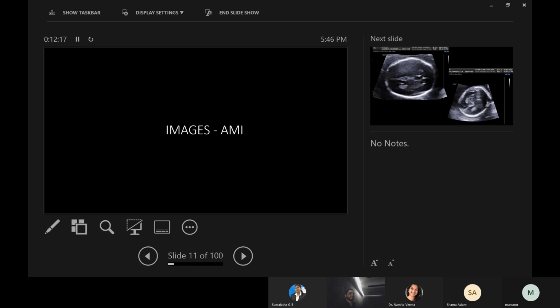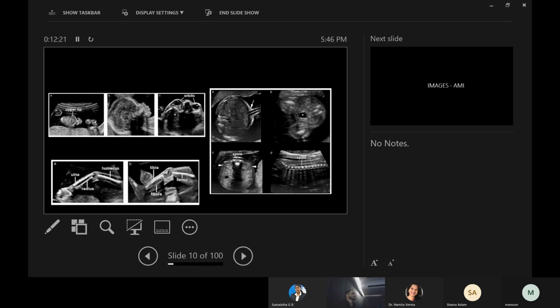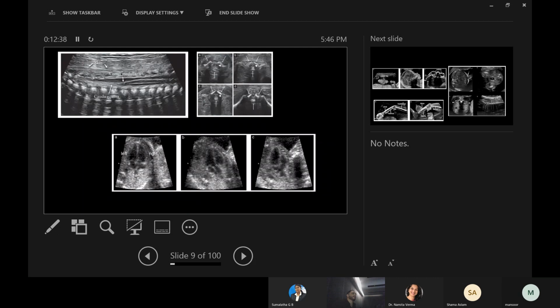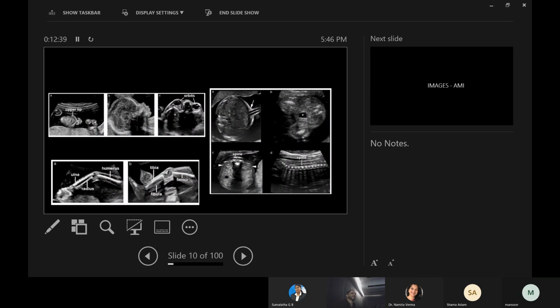Now, some images. The cord insertion image needs to be at the level of the bladder with the two vessels. That is, along the bladder, the two umbilical arteries going like that. Yeah, that view is there. See, in the ISUOG guidelines which they have published, they have shown the cord separately and the bladder separately.